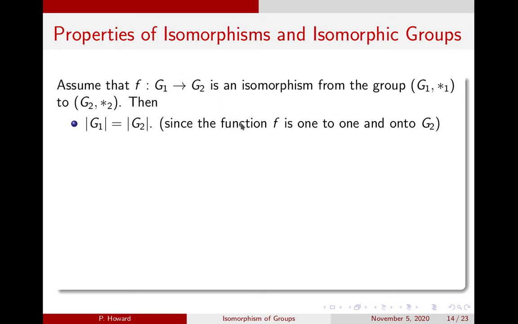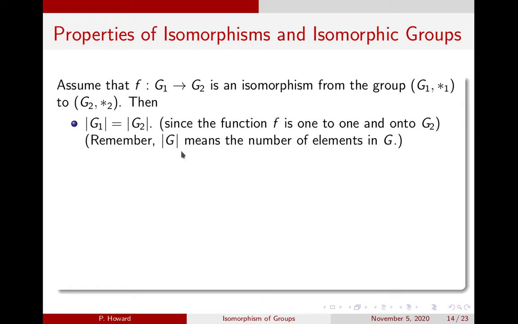This is because an isomorphism is a one-to-one function from one set onto the other one. And that's what you need to have in order to know that two sets have the same size. Just a reminder that a set between these absolute value signs is shorthand for the number of elements in the set.